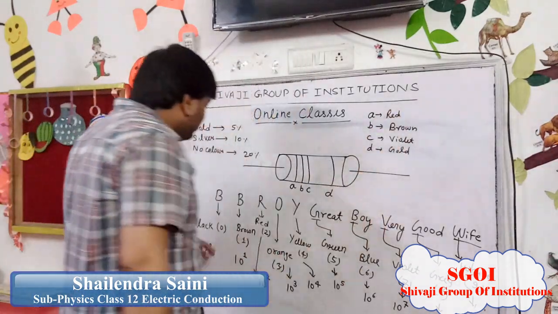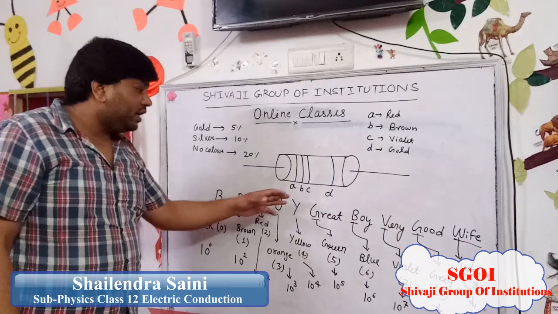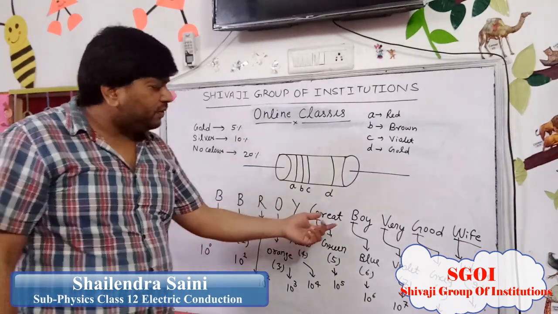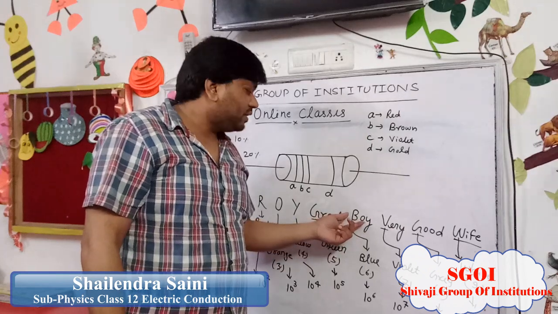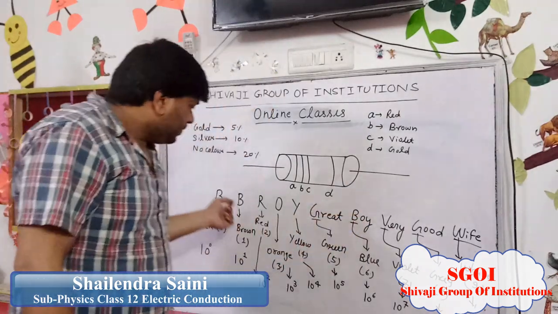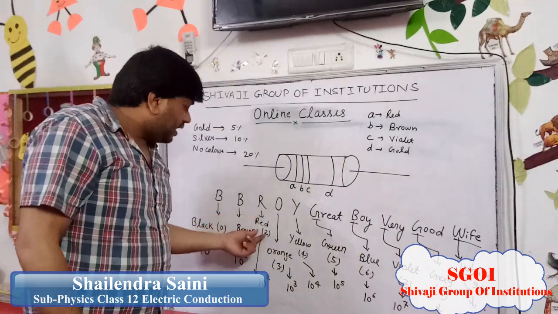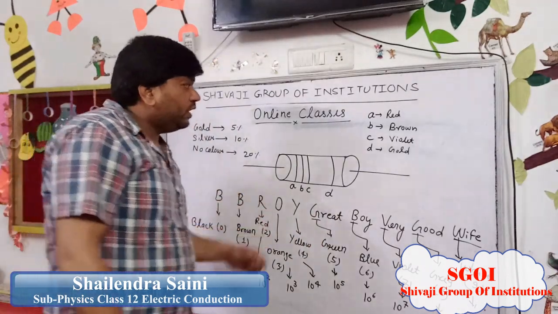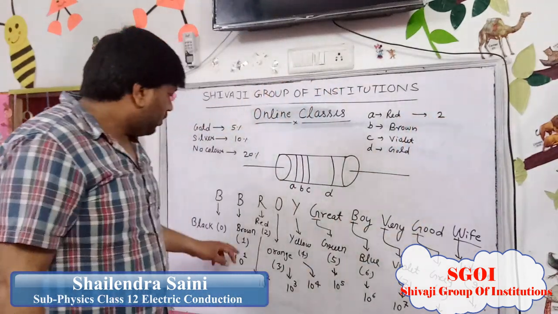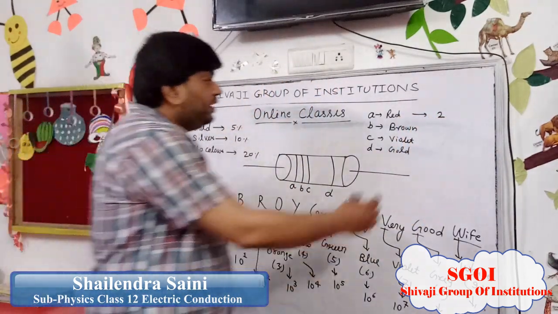So for red color, as we know, BB Roy great boy very good wife. यहाँ पर कई लोग ब्रिटेन भी बताते हैं, कोई उसमें हार्ड एंड फास्ट रूल नहीं है कि बॉय ही होगा. We have only taken this letter B. So BB Roy, यहाँ से हम रेड का देख रहे हैं, सिग्निफिकेंट डिजिट हमारी 2 है. तो we are writing here first significant digit 2, and for brown color it is 1.